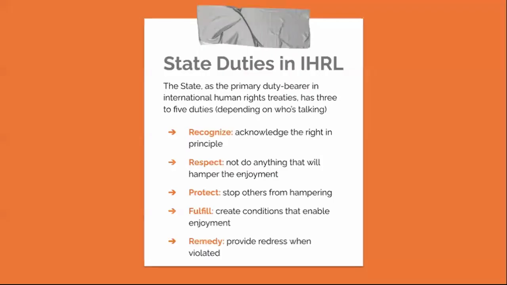Next, I want to talk about obligation, specifically the obligation of the state, because the state is the primary duty bearer. The reason for that is usually, in order to establish a human right, there needs to be a treaty. A treaty is an agreement between states. So, if a state agrees, oh, we will protect, respect, fulfill rights, sila yung magiging duty bearer, not any other person.